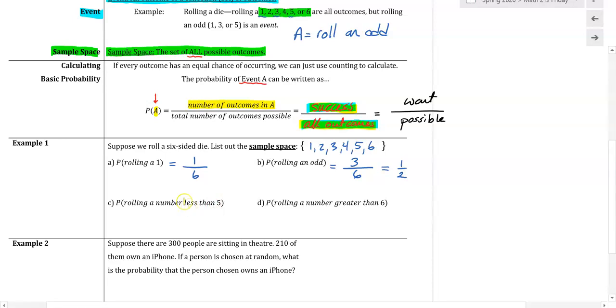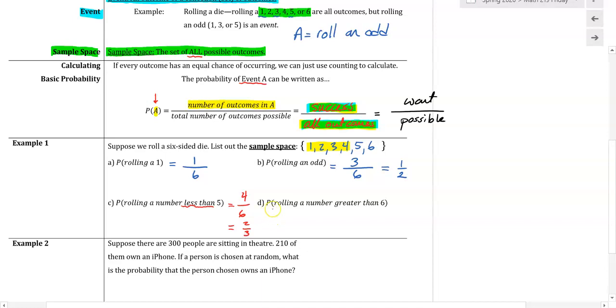Be very careful with the wording here. Less than 5 means I'm not going to include the 5. So in terms of my sample space, I'm only talking about those numbers, right? Isn't that the way to win? If I want to find the probability of rolling a number less than 5, there are 4 numbers less than 5. So 4 out of 6, again, divided by 6 possible outcomes, would be the probability of rolling a number less than 5. I would reduce that to 2/3.